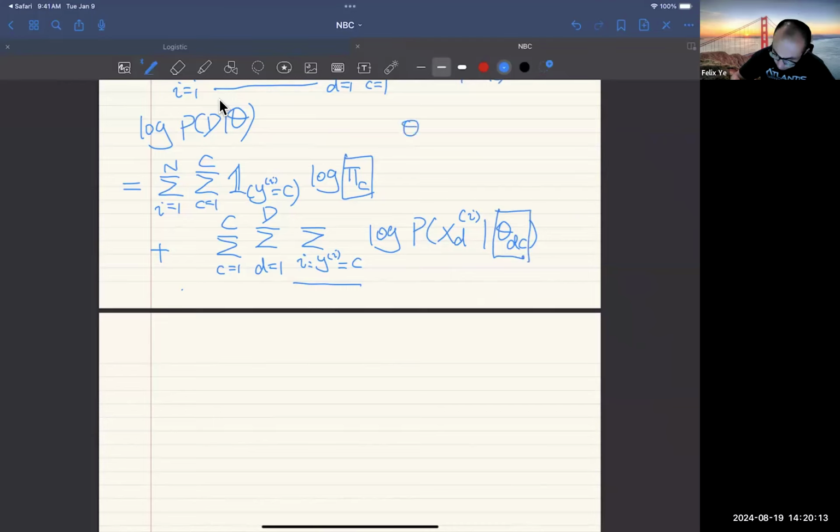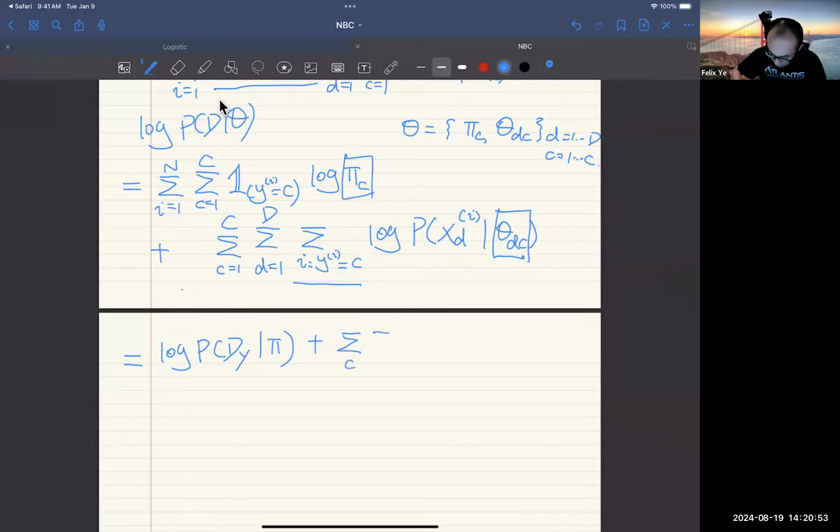So my whole parameter set is pi_c and theta_dc, where d is from 1 to D and c is from 1 to C. If we merge everything together, we can write something a little more compact: the logarithm of probability of d_y conditional on pi, plus summation over c, summation over d of log of probability of d_dc conditional on theta_dc.